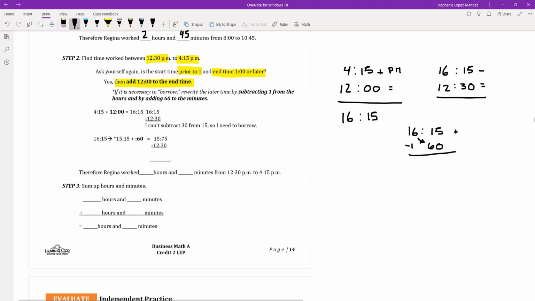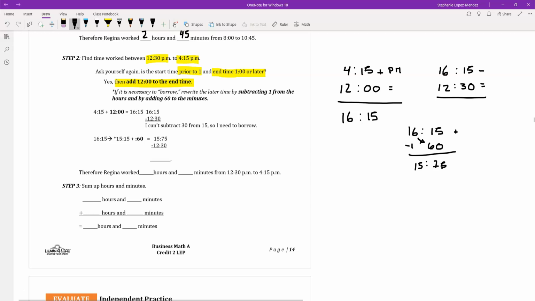So 15 plus 60, that is 75. But then 16 minus 1 is 15. So now I have 15 hours with 75 minutes.